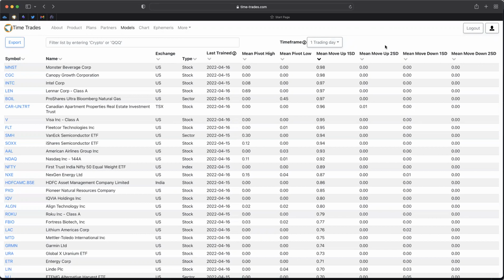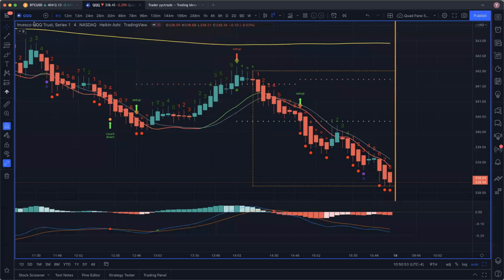Okay, the second new feature I want to talk about is something that we did last week, but I didn't really have time to talk about it on the video. And that is moon void of course, and that is only in the TradingView script. So I'm going to flip over to TradingView here.